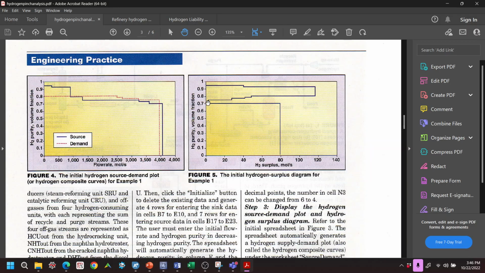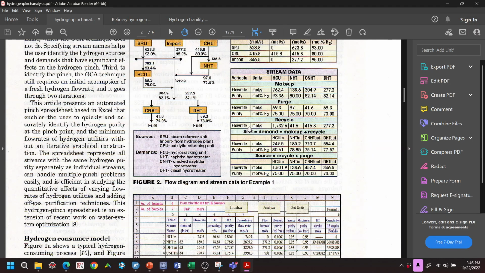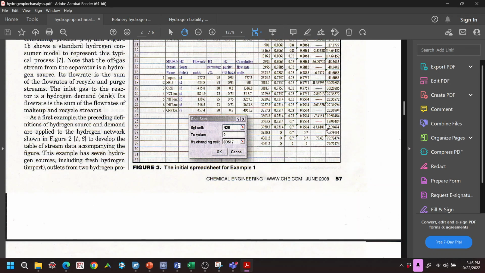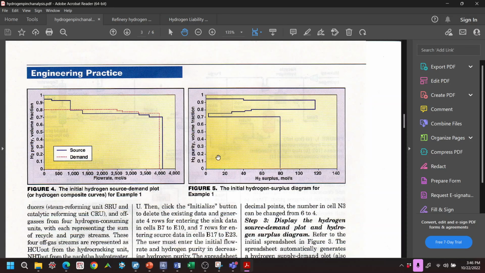This two-something is basically this. So this is not touching the x equals 0. Like I mentioned, we need to reduce the pure hydrogen or the import hydrogen in such a way that the whole graph will move to the left, and it touches the y-axis.